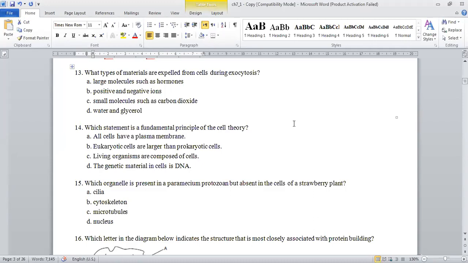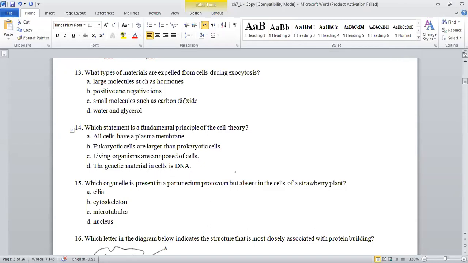Do you know where exocytosis is? It is the last part of our chapter. We have exocytosis, we have endocytosis. I think the answer is D. Genetic material.